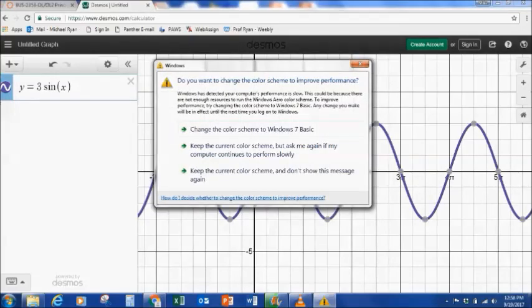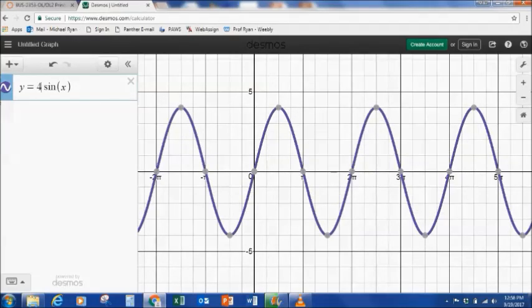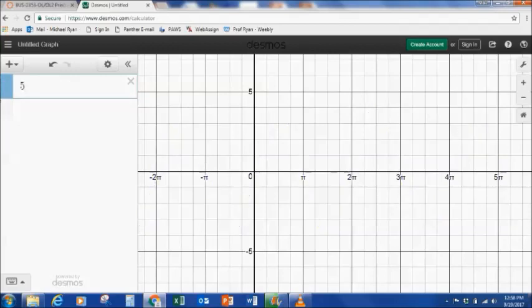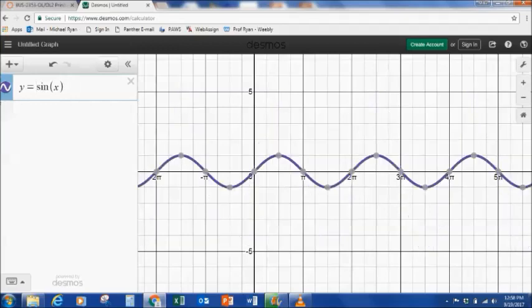If I make the number even larger, 4, it gets even larger. If I make it y equals 5 sine of x, then it's even larger.